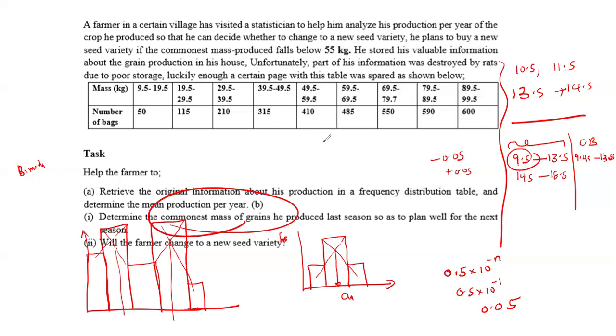So when they say upper 10%, you will do 10 out of 100 times your total frequency here. Let me say it is 40. Then 10% of that is 4. You read up where 4 is on your curve.